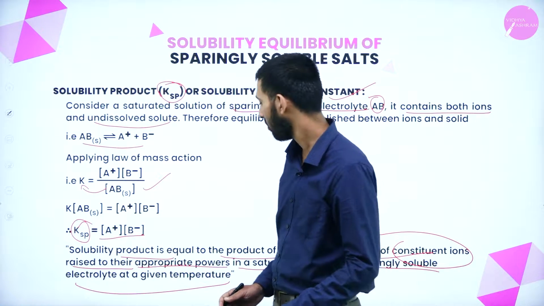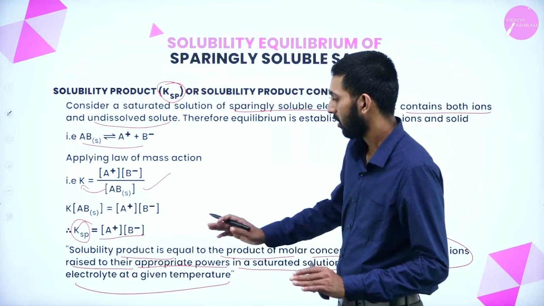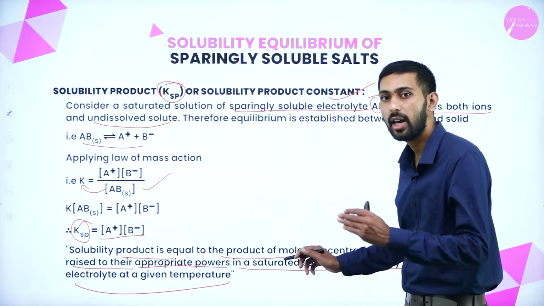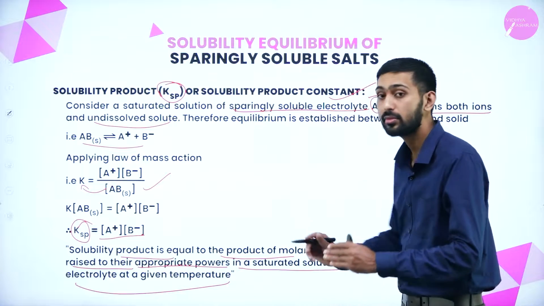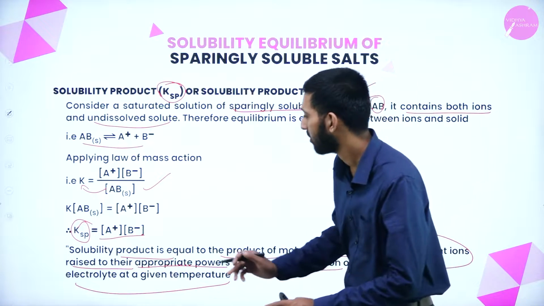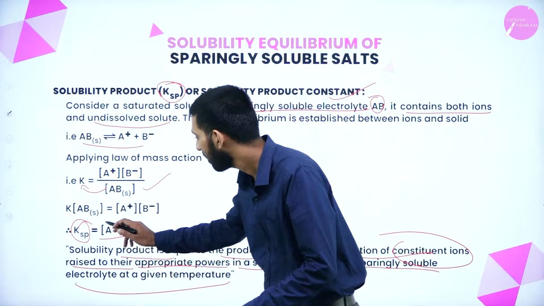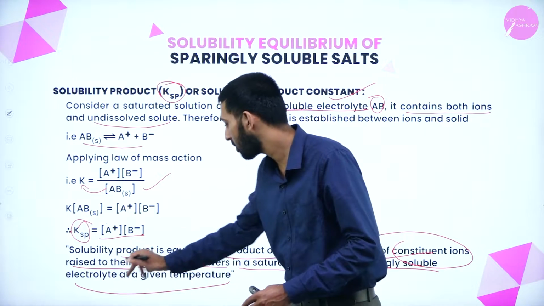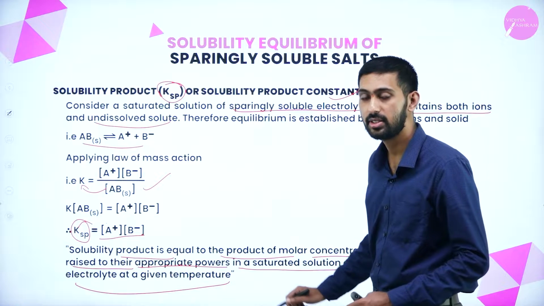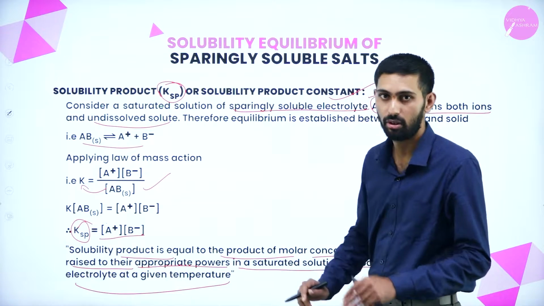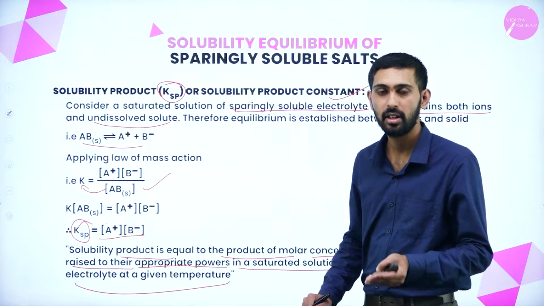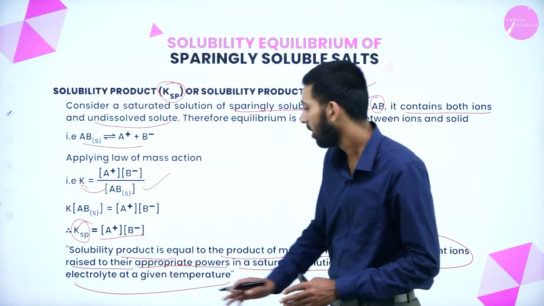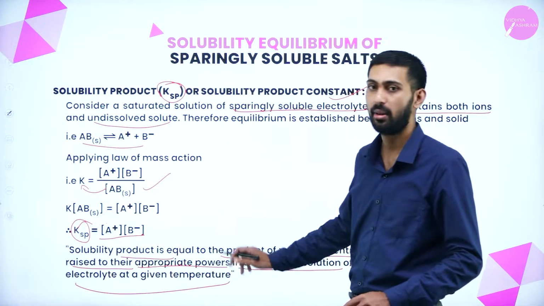First thing, solubility product is equal to the product of molar concentration of constituent ions. Why have we said constituent ions? Because here the salt is dissociated. Constituent ions raised to the appropriate powers in a saturated solution of a sparingly soluble electrolyte at a given temperature.